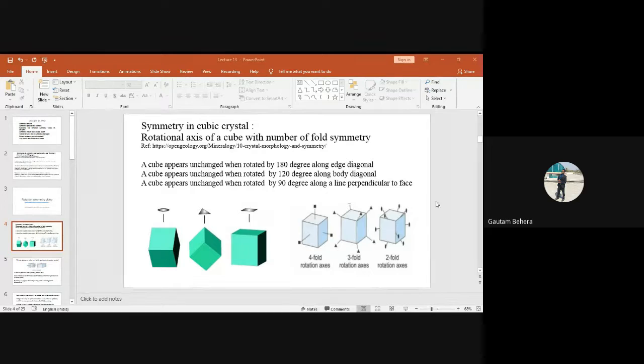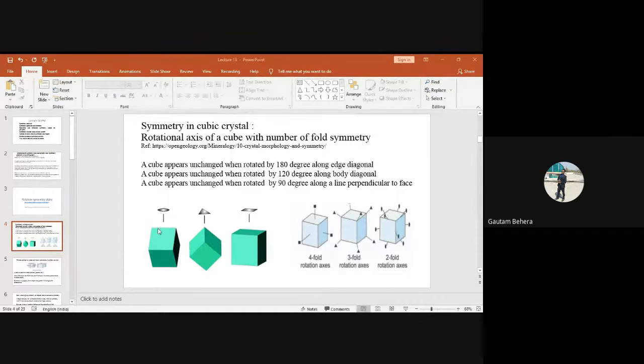So how much fold will it be having? Four. A cube appears unchanged when rotated by 180 degree along edge diagonals. Okay, right? Just have a look.